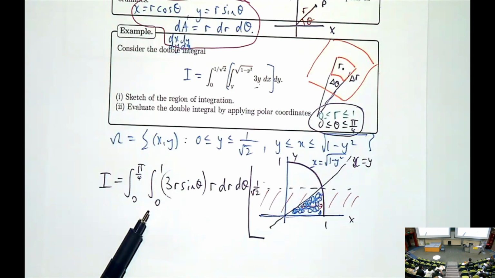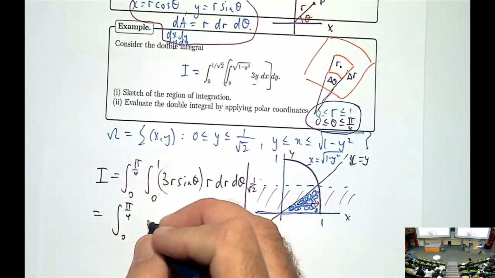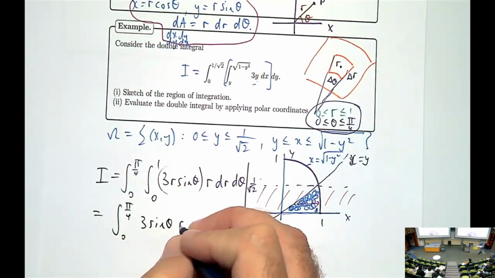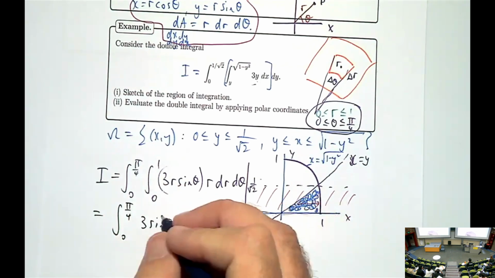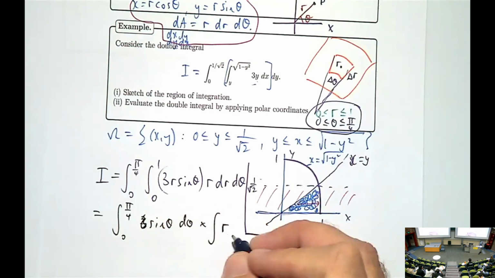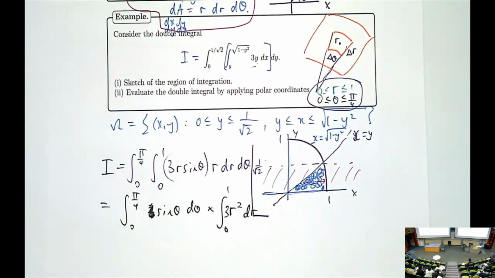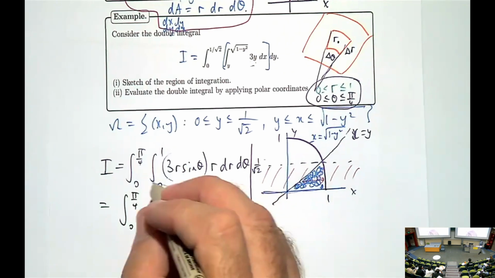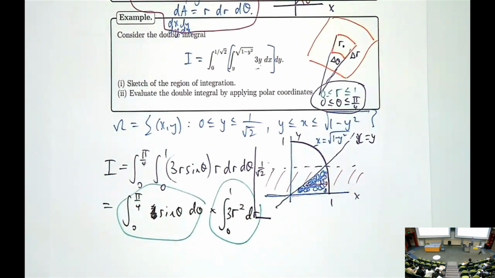What happens if I write it like this? I'll put the 3 over there. So I've got one single integral multiplied by another single integral. If you can do that, you should do it.